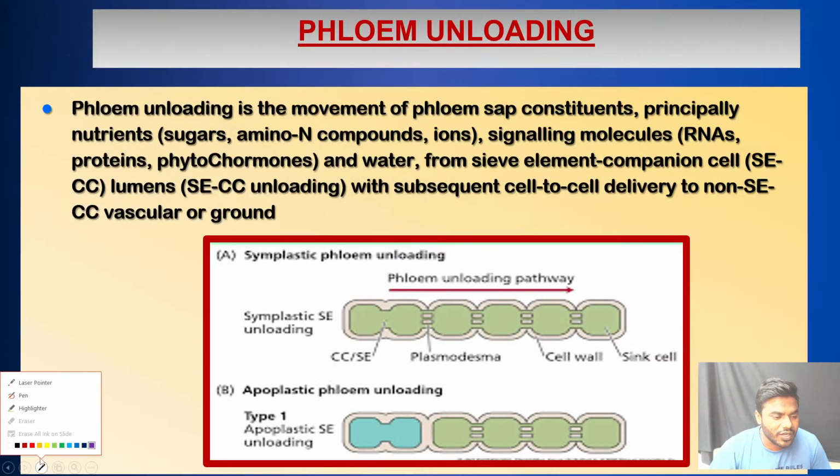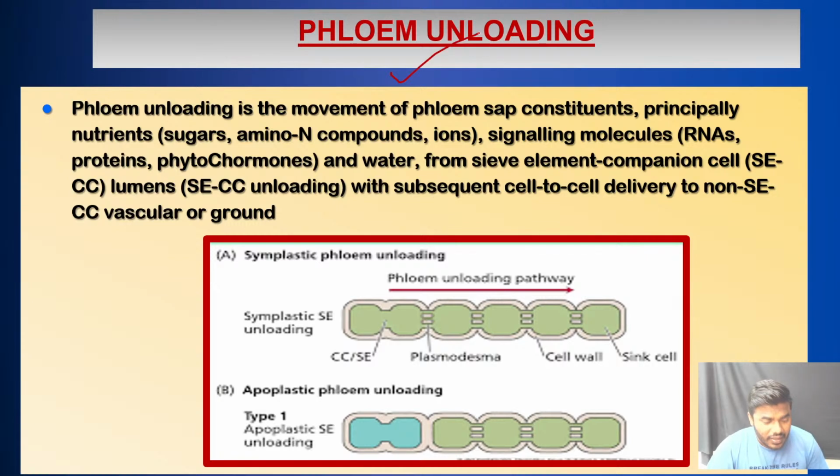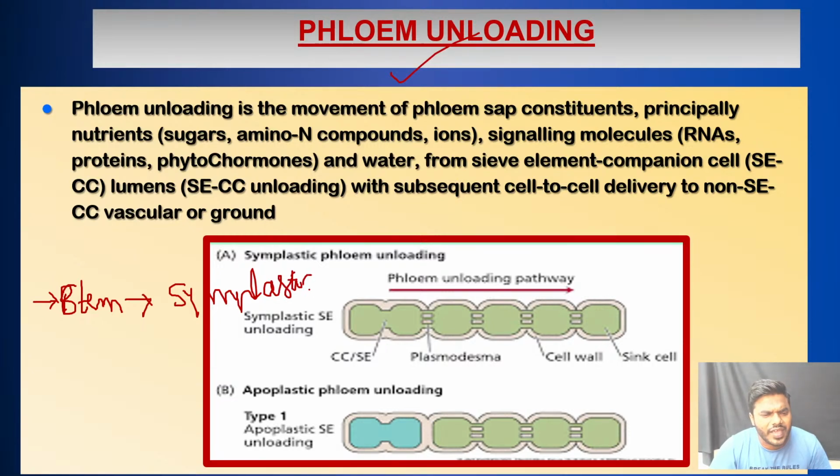See, for unloading, whatever statements I highlight here, just remember them. We discussed phloem loading, symplastic pathway, apoplastic pathway. For phloem unloading, just remember these 2 points. If the sugars want to unload into the stem or the shoot, they will always use the symplastic pathway of unloading.